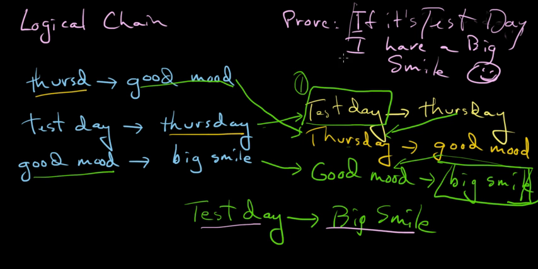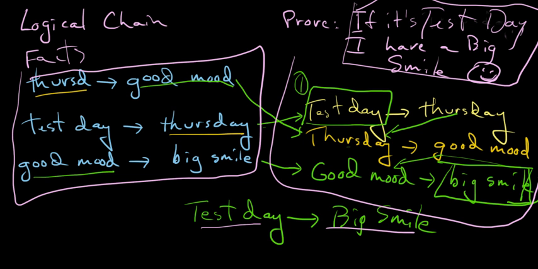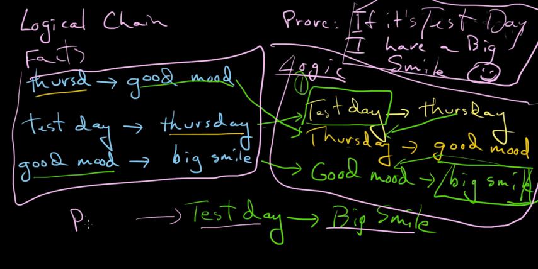This is what we're trying to prove, and guess what? I just proved it. I started with the facts, and I used logic right here. This is called a logical chain, and there is my proof. The proof is test day gives me a big smile. That's all for now. Thanks.